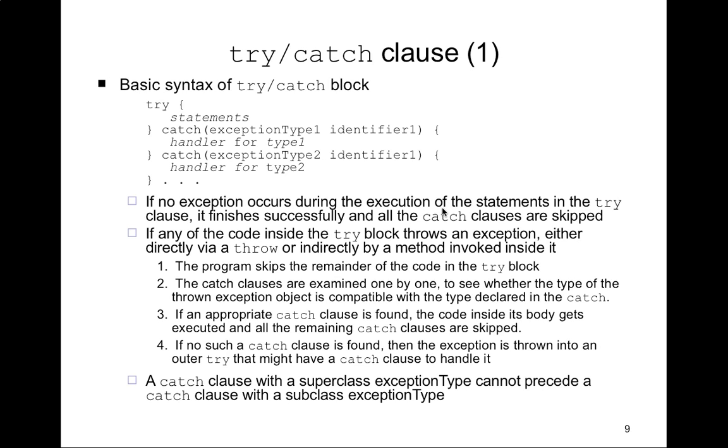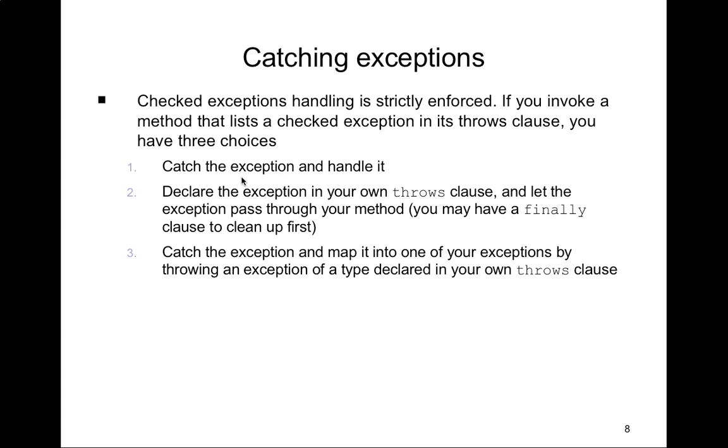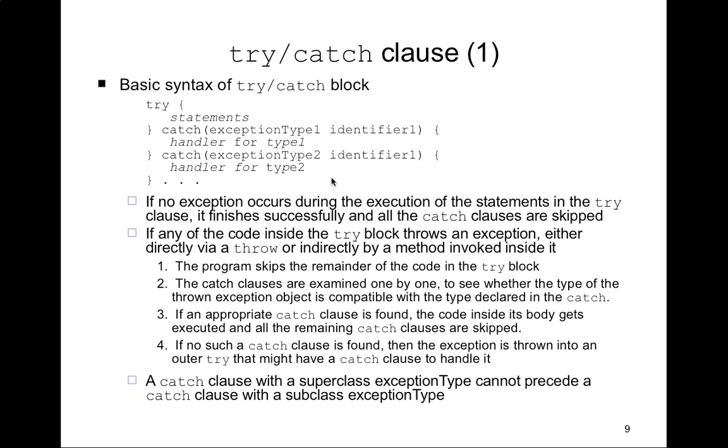If the code in the try block throws an exception, so we're still throwing an exception, but this is how we're catching it. And this is an example of number one, catch the exception and handle it. So what I'm going to do is go through these three methods. The first one is catch it and handle it. Catch and handle it uses try catch.